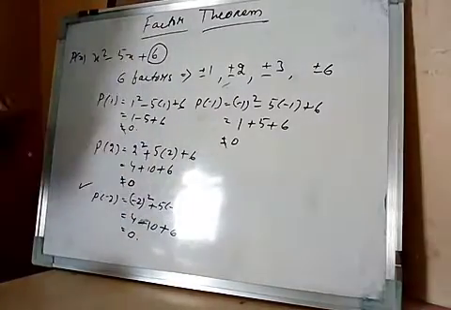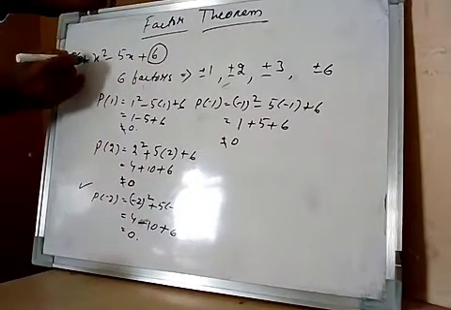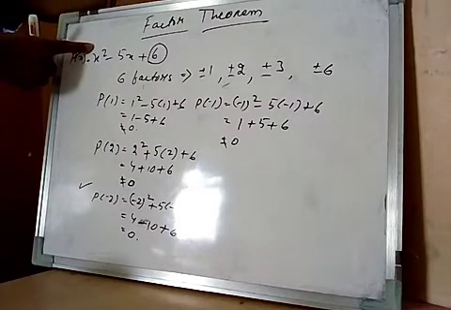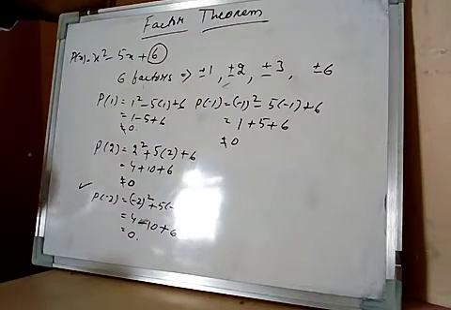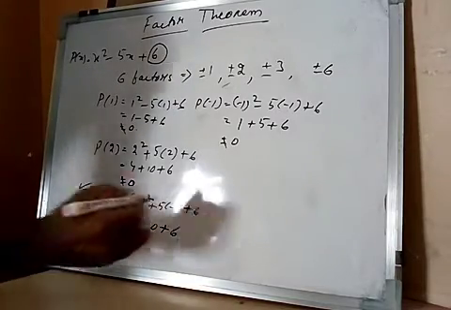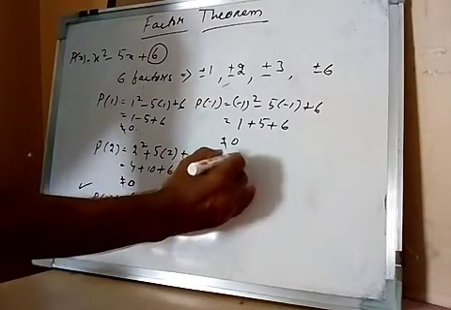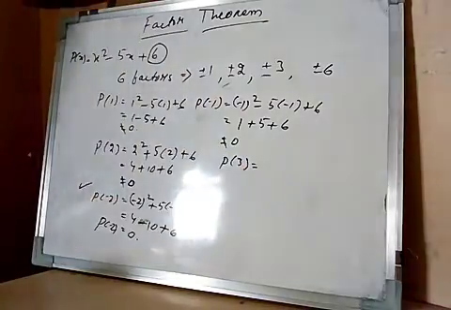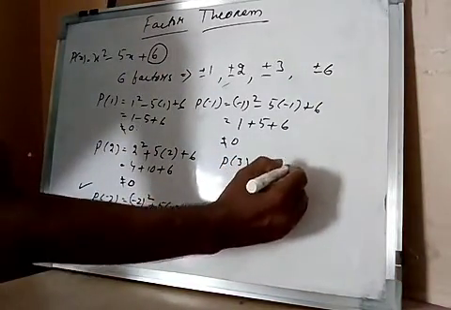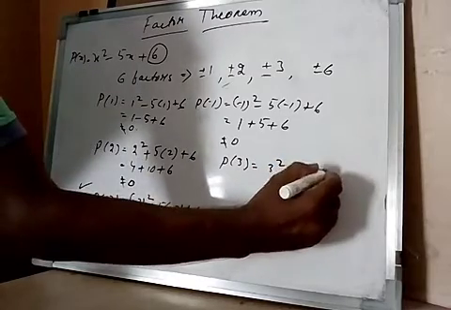Now we can take another example, because why? Here the degree of the polynomial is 2, that's why definitely 2 factors will be there. Now p of minus 2 equals 0. Now we can take p of 3, that is 3 square plus 5 into 3 plus 6.